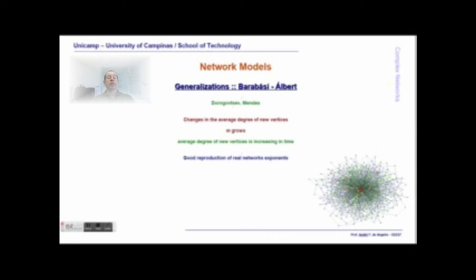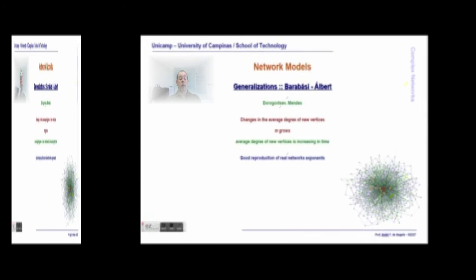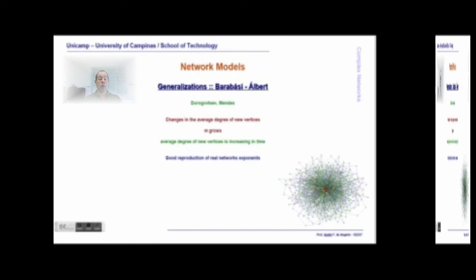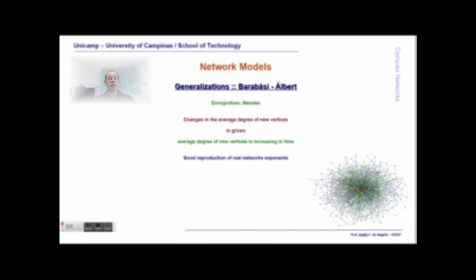Here we have another situation. Dorogovtsev and Mendes propose changes in the average degree of new vertices. While the network is evolving, the new nodes arrive with more and more edges to be connected.